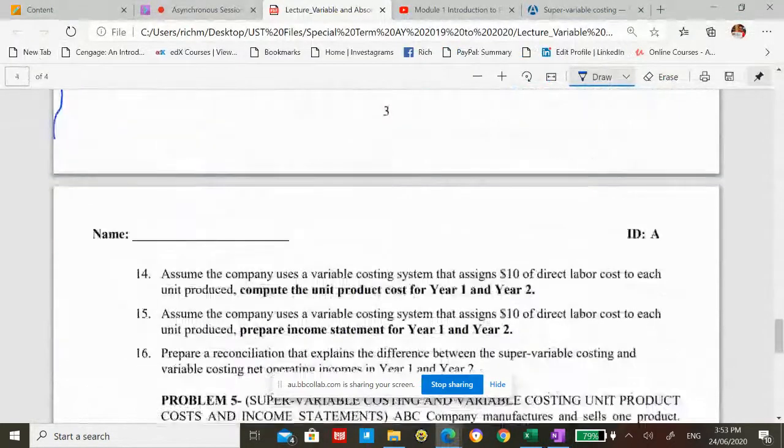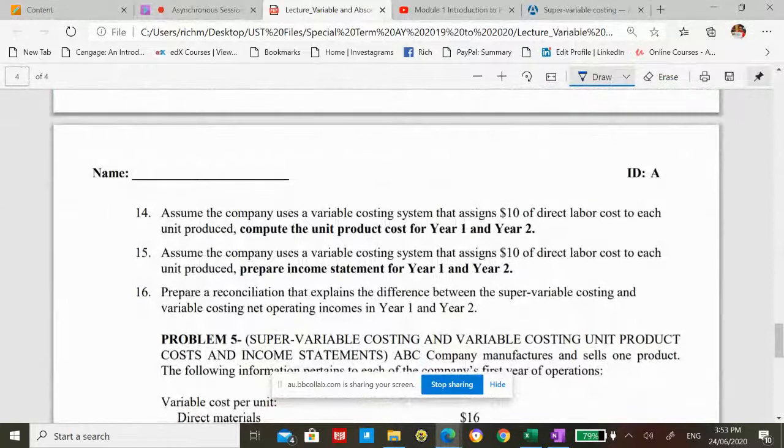Now, another requirement, number 14. So we have three more requirements for this problem. So number 14, according to the problem, assume the company uses a variable costing system that assigns $10 of direct labor costs to each unit produced.